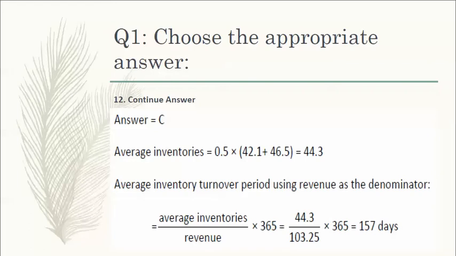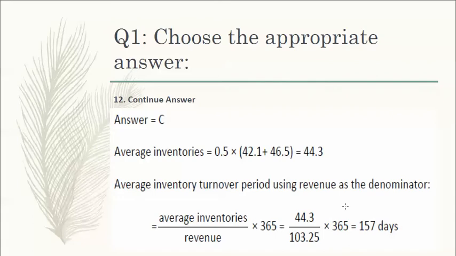So the average inventory turnover period using revenue as the denominator is the average inventories divided by revenue, multiplied by 365. The answer will be 44.3 divided by 103.25 multiplied by 365.